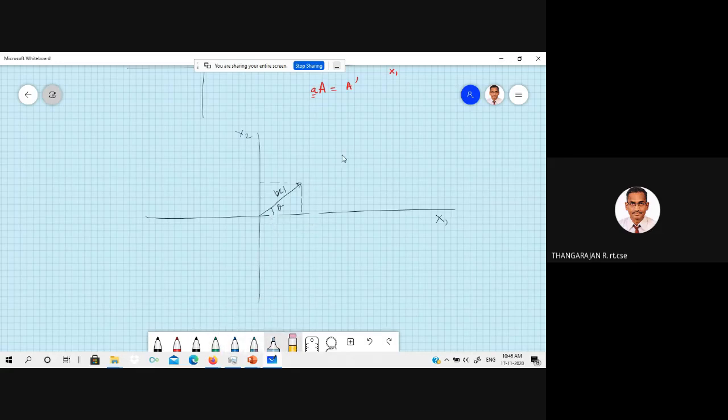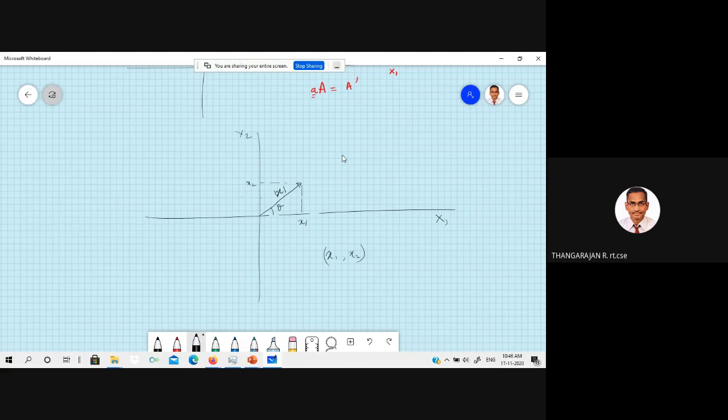This is the x component, the x1 component, and this is the x2 component. So I can now represent this vector as x1 comma x2.